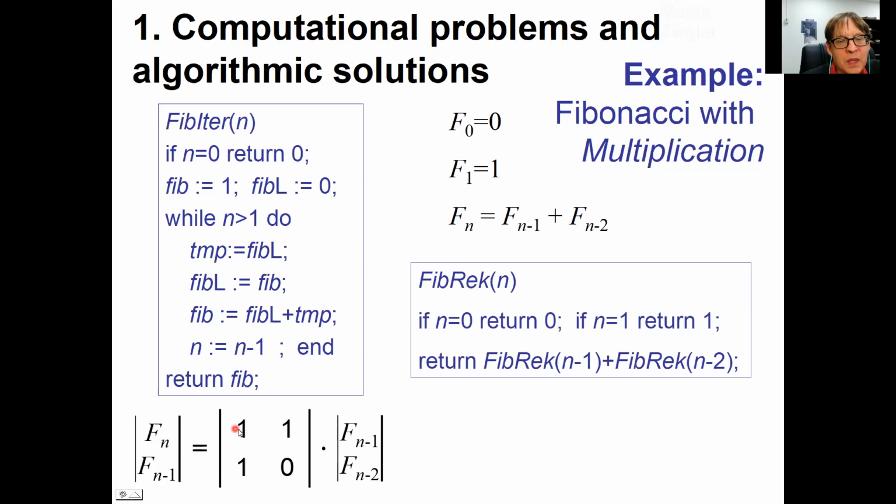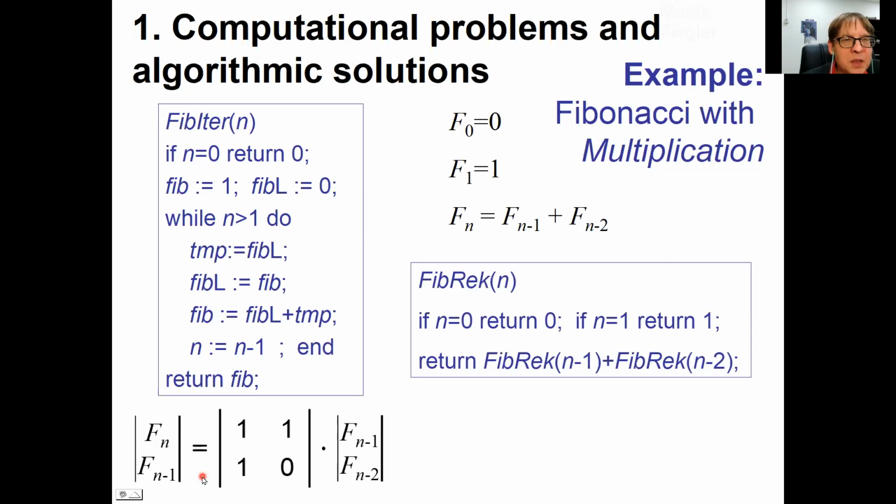So Fn is equal to, let's recall, row times column, is equal to Fn minus 1 plus Fn minus 2. That's the definition. And the second row says Fn minus 1 is equal to 1 times Fn minus 1, indeed. So we have expressed that simple equation here as a simple matrix equation in dimension 2.